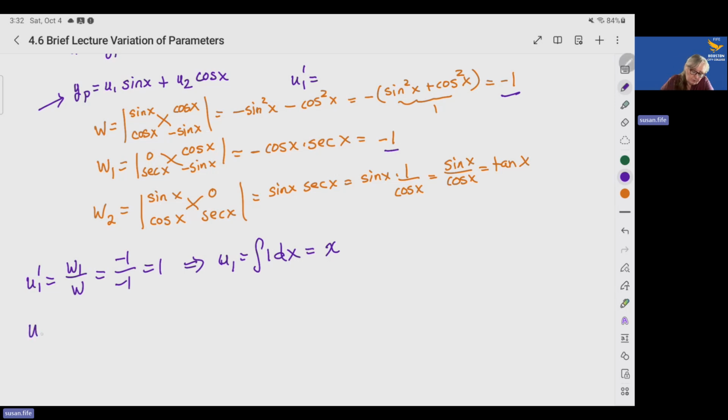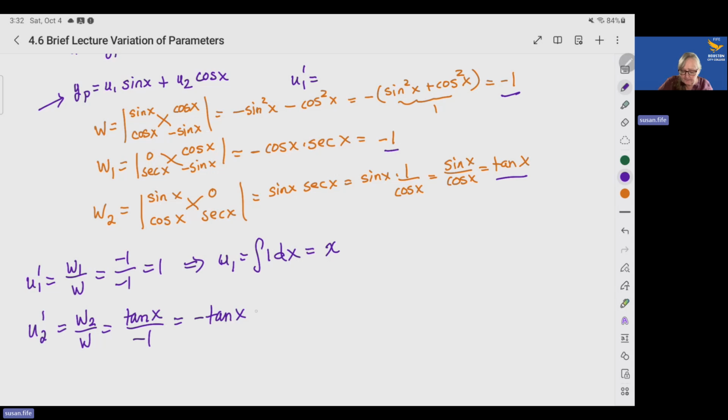And let's see what U2 prime is. U2 prime is W2 divided by W. W2 is tangent of x divided by negative 1. That gives me negative tangent x.